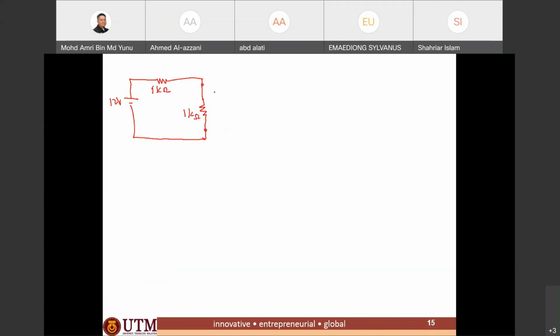Okay, let's say this is the output E out measured across, and this is R1. This is R2.